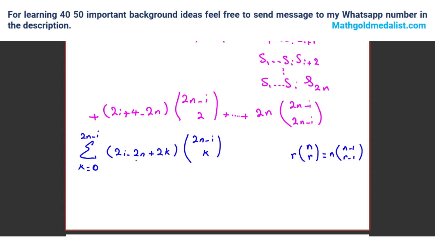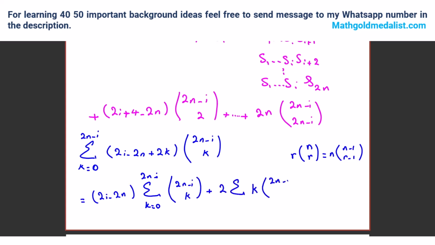So, here we have 2i, right? And here i is constant, okay? So we should work on k. So you can write it as 2i minus 2n sigma k from 0 to 2n minus i, 2n minus i choose k, plus 2 sigma k times 2n minus i choose k, k from 0 to 2n minus i, right?